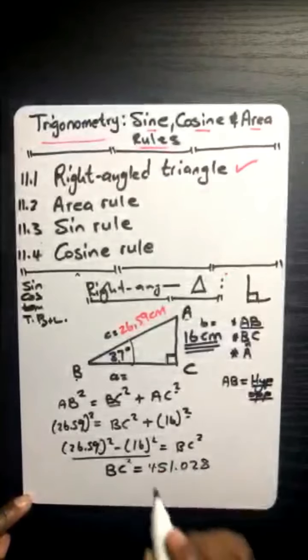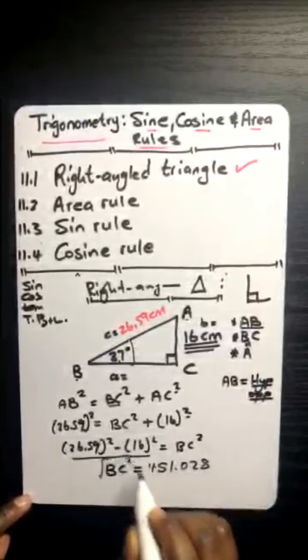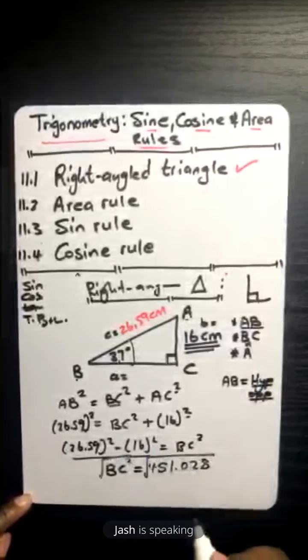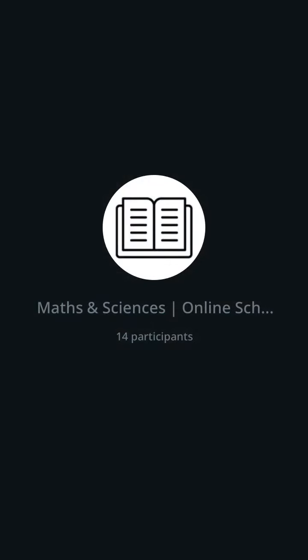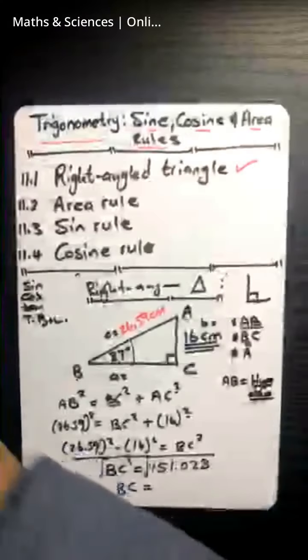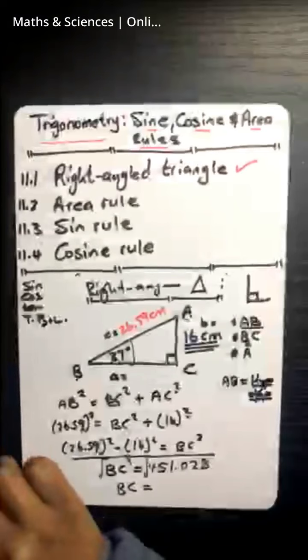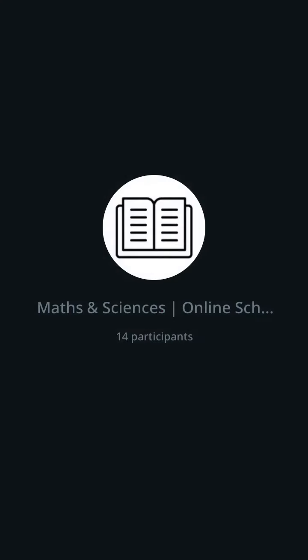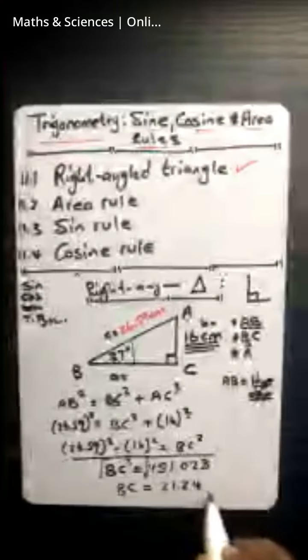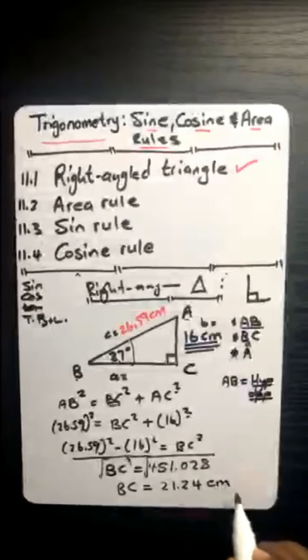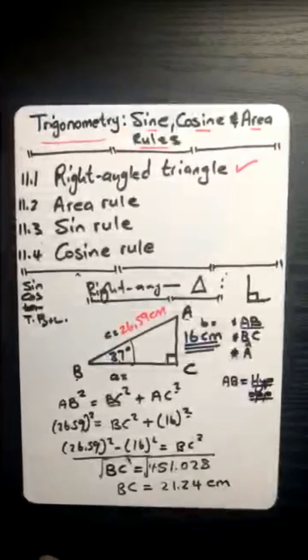So now I'm going to introduce a square root on both sides, and the reason for that is so that I remove that squared over there, meaning BC is equal to the square root of an answer, which is equal to 21,24 centimeters. I'm just not sure if you guys agree with me on that one.